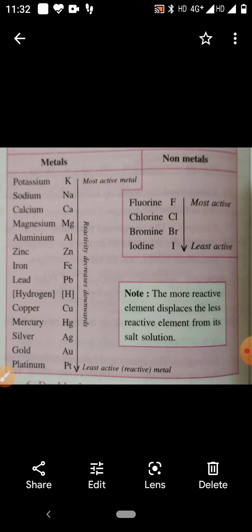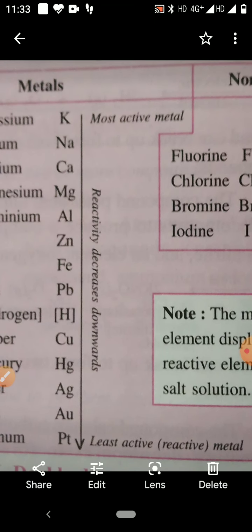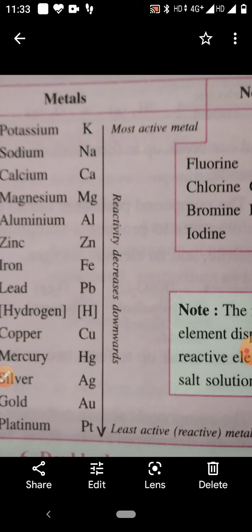Electrochemical series is a series in which different metallic and non-metallic elements are arranged on the basis of their reactivity. Among the metallic elements: potassium, sodium, calcium, magnesium, aluminum, zinc, iron, lead, hydrogen, copper, mercury, silver, gold and platinum.